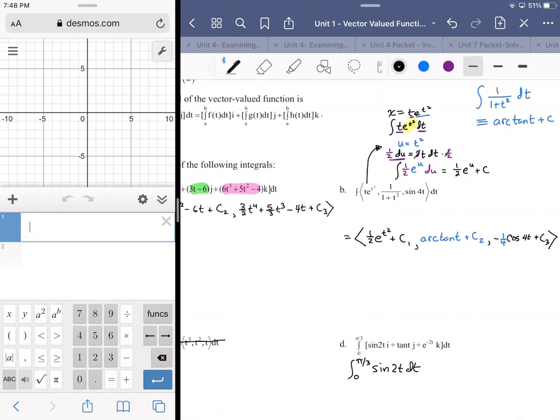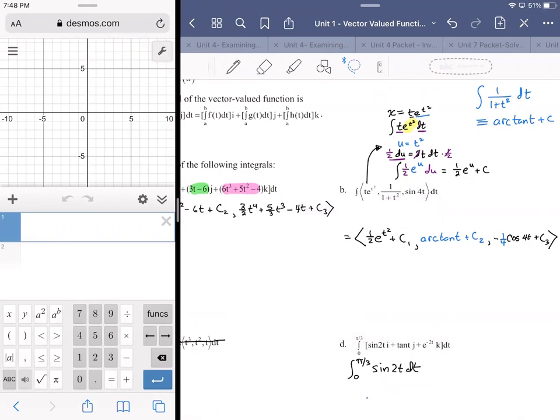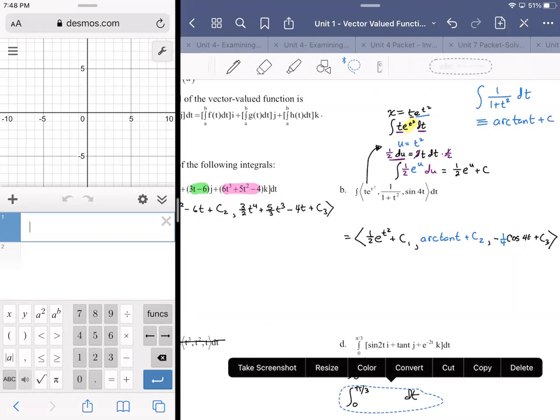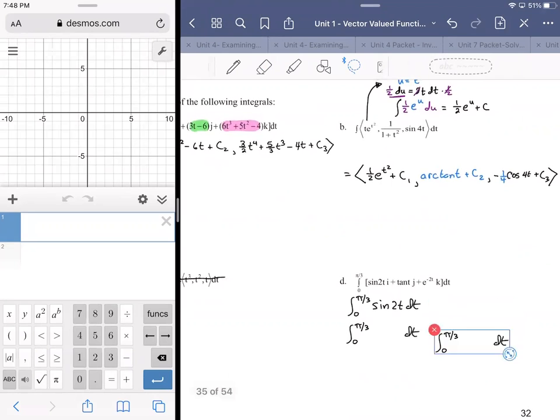We also need, over the same interval, tangent of t, and over the same interval, e to the negative 2t.